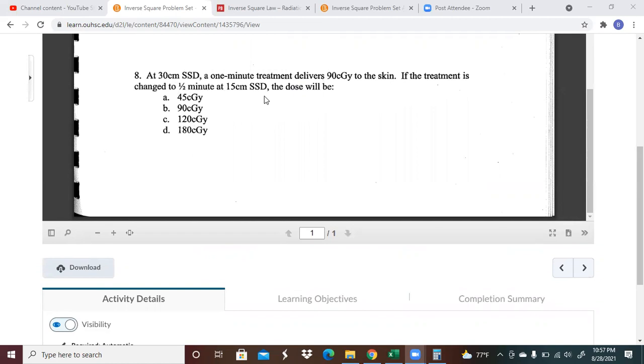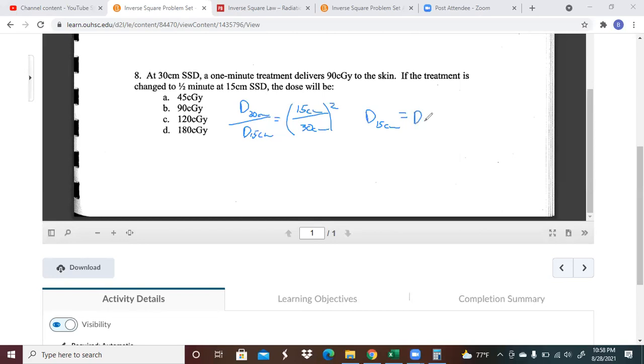Well, we know here that if the time ended up being the same, we could use the same type of relationships that we have up to this point, meaning we could take the dose delivered at 30 cm divided by the dose delivered at 15 cm is going to be the same as 15 cm divided by 30 cm squared.